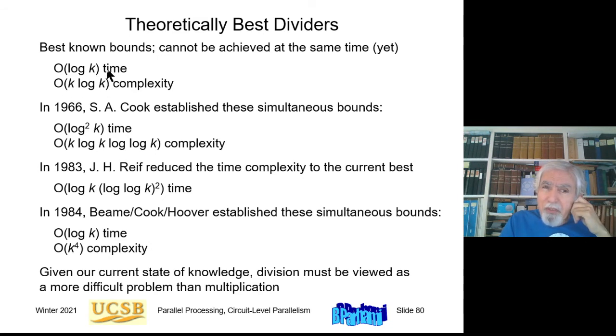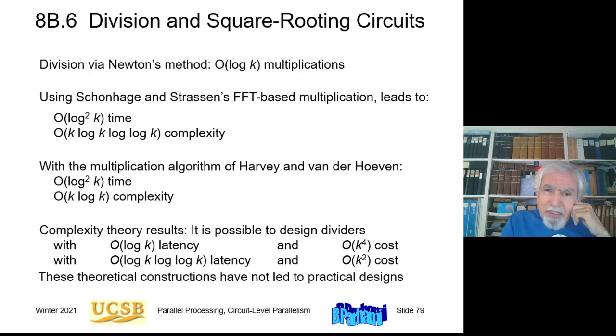But unlike multiplication, we can't achieve these two simultaneously. In other words, we can't design a divider that has order log k latency and order k log k complexity.